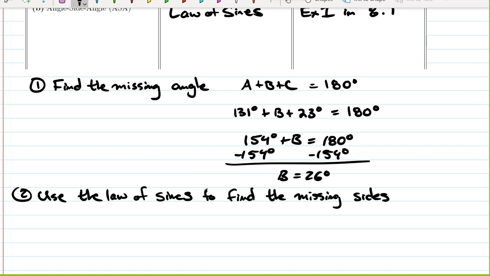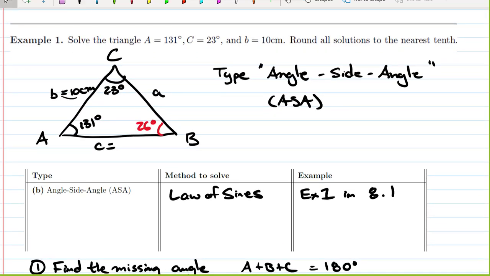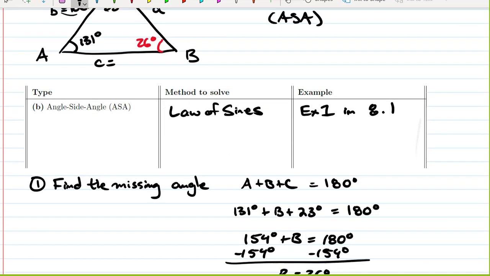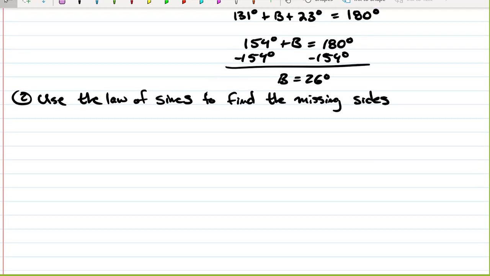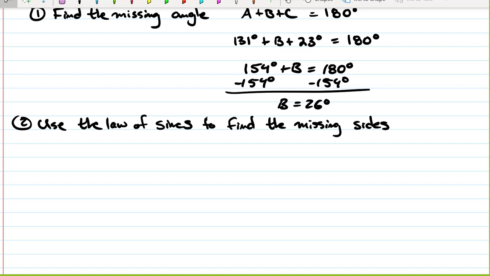So we now know all 3 angles and only side B, so we have to find side C and side A. So we're going to have to use the law of sines twice, and it doesn't matter which order we find the missing sides in. So I'm going to solve for side A, but if you wanted to solve for side C, you're going to get the same answer in the end. So it doesn't really matter. So solve for A.